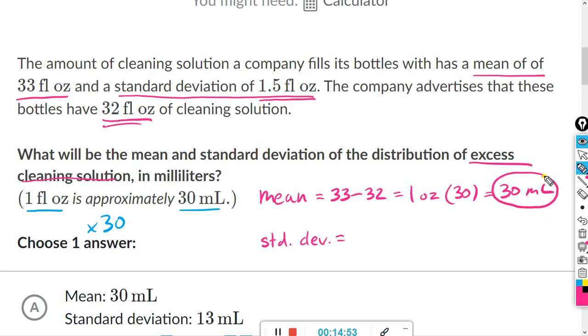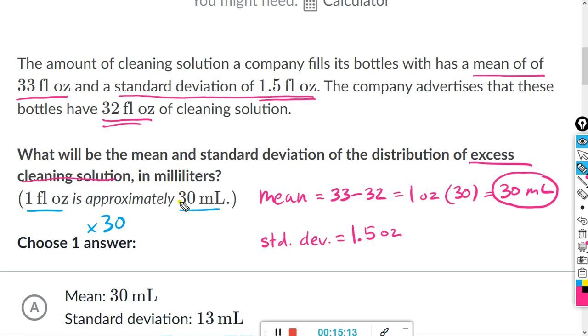Okay, so for the standard deviation, adding or subtracting does not change it. So we're going to keep it as the 1.5. We don't need to do this step because that doesn't change it. We start with 1.5 ounces, but multiplying does change it.